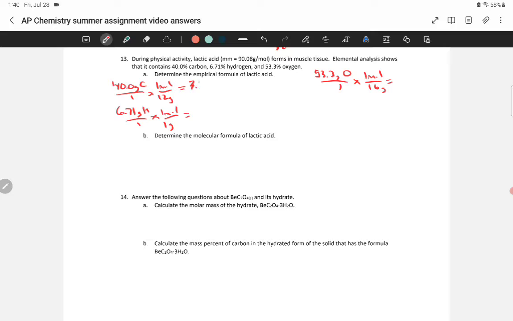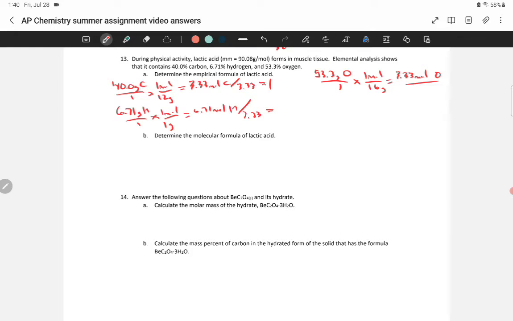We have 3.33 moles of carbon, 6.71 moles of hydrogen, and we have 3.33 moles of oxygen. So those aren't whole numbers, but if we divide them all by the smallest, which is 3.33, we get 1.